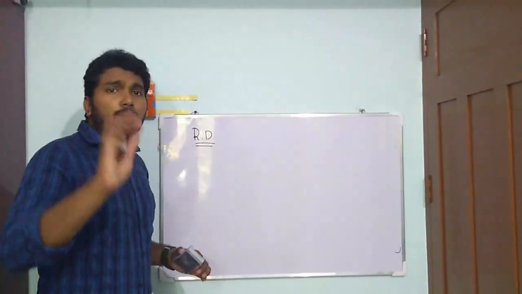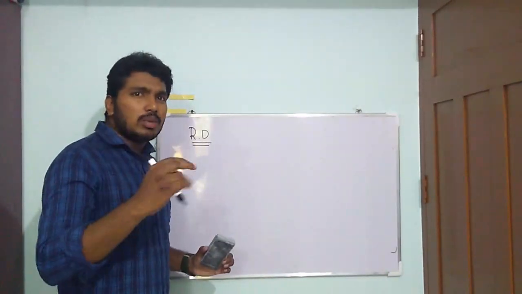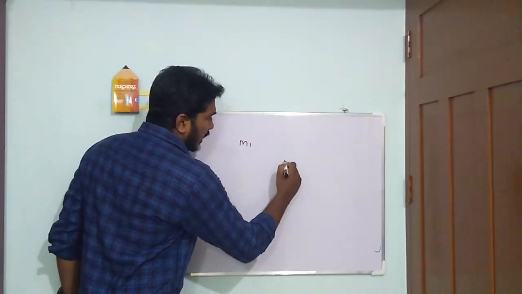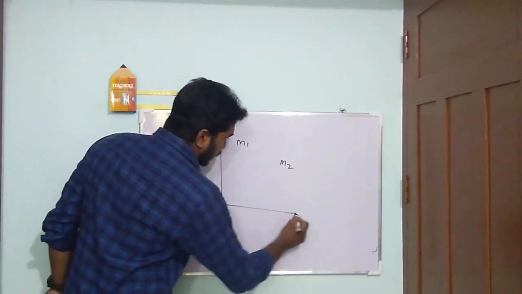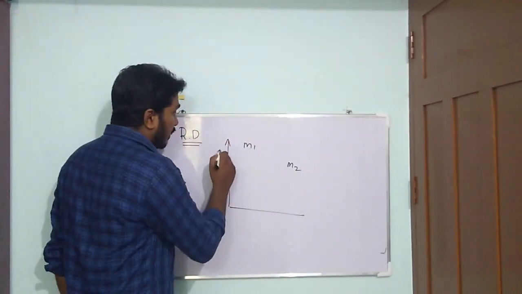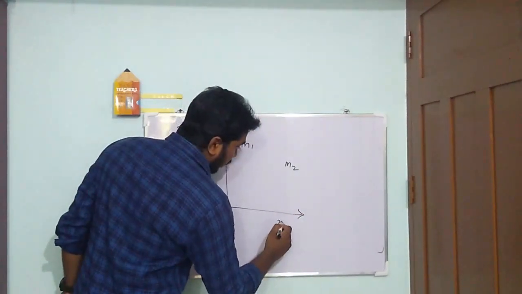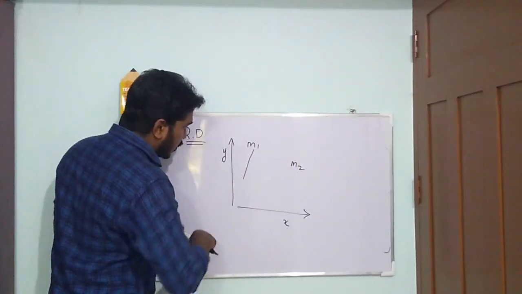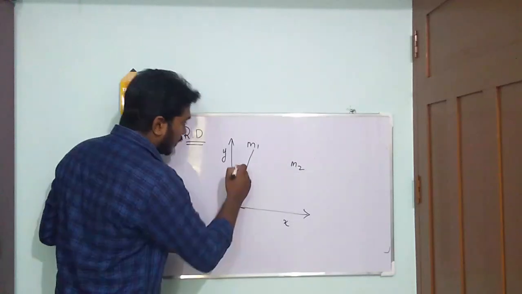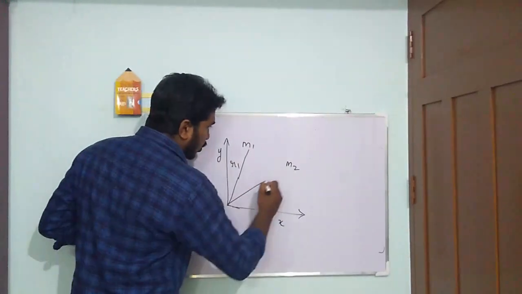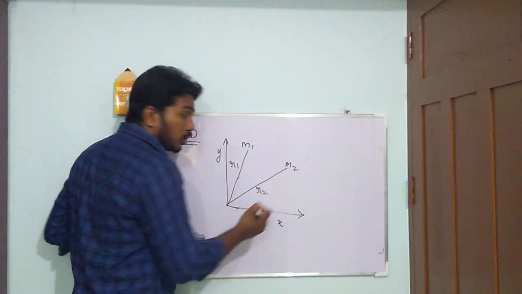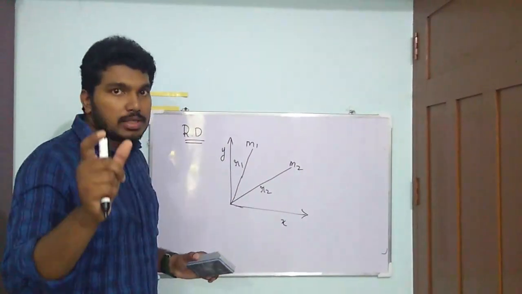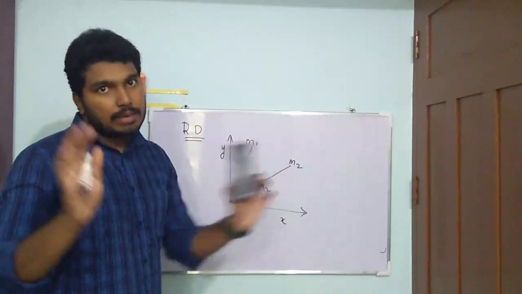Okay. So when you talk about center of mass, first let me deal with the 2 particle system. Consider a mass m1, another mass m2. In the drawing, this is the Cartesian coordinate system, we have the y-axis and the x-axis from the origin. m1 is at a distance of say r1 from the origin, and m2 is at a distance of say r2. So r1 and r2 represent the position vectors of m1 and m2.